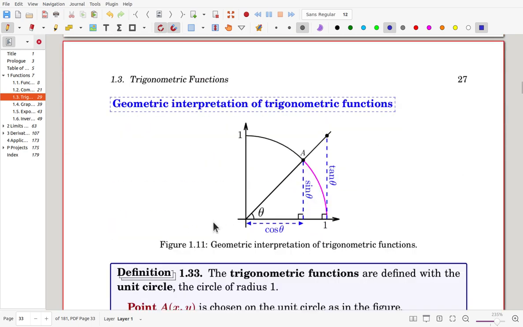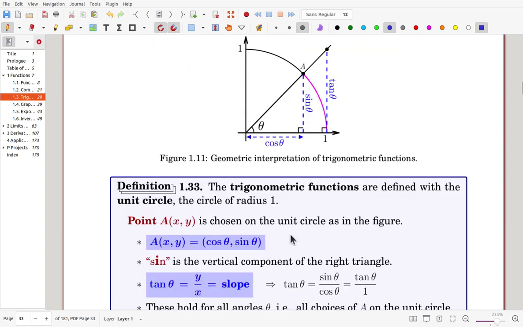Now we'll consider a little bit about the geometric interpretation of the trigonometric functions we defined. Let's go back to the acute angle so that we can easily see the right triangle. Once a ray having angle theta hits the circle of radius 1, the position A will have an x component and a y component.